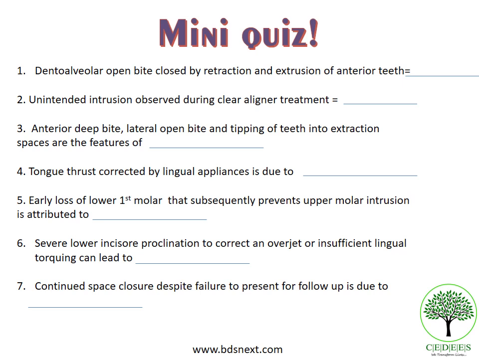Early loss of lower first molar that subsequently prevents upper molar intrusion is attributed to which effect? Then, severe lower incisor proclination to correct an overjet or applying insufficient lingual torque can lead to dash appearance or dash effect. Continued space closure despite failure to present for follow-up is due to dash effect.